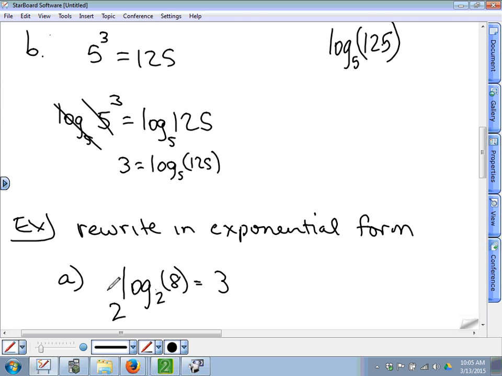But since this is an equation, you've got to do the same thing on this side. I have to use a base of 2, and that's the exponent. You following? Exactly. If you have a base of 2 and the exponent is a log base 2, they cancel each other out. So you're just left with 8 equals 2 to the third.